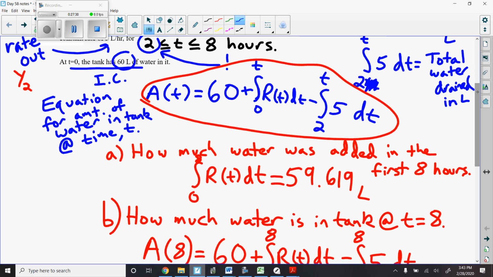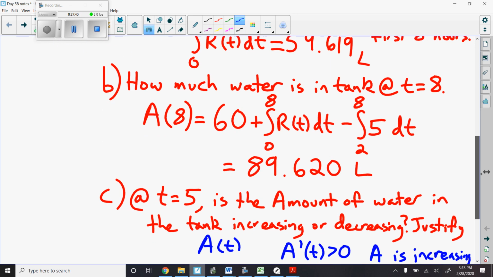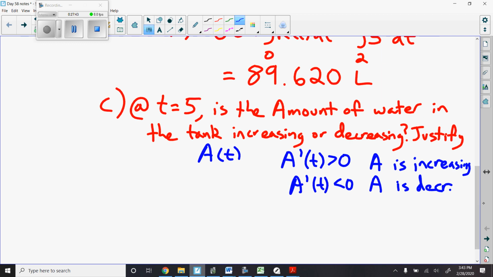So we get very simply here that A prime of t is going to be r of t minus 5. The integrals in front of both of those went away because I did the derivative.